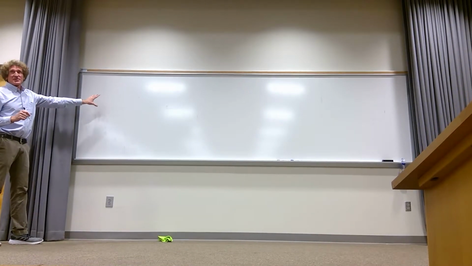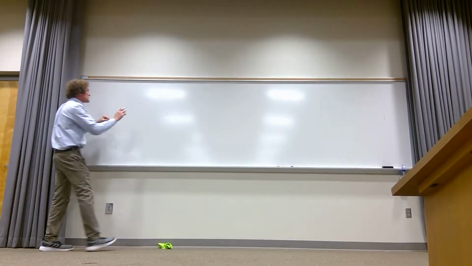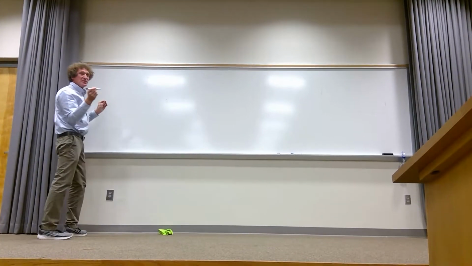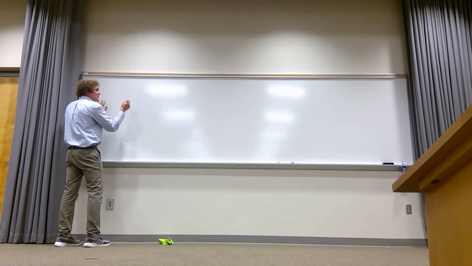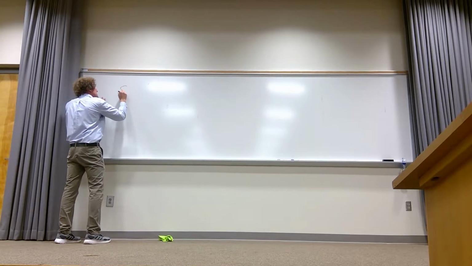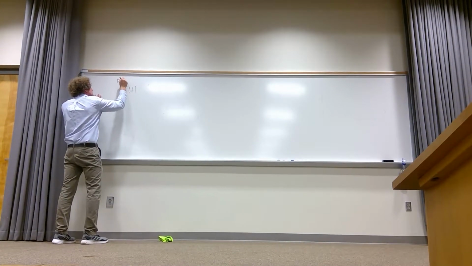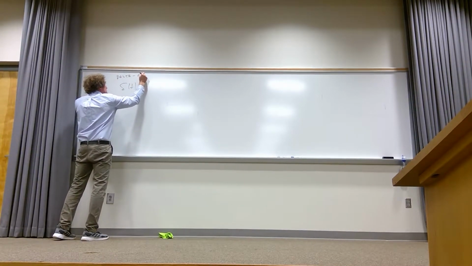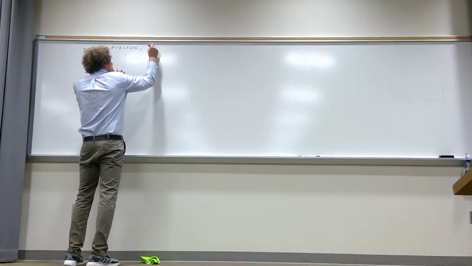But the next thing I want to talk about is some of the functions that we're dealing with. Here's the first function that you've never seen before. It's called a delta function, or a Dirac delta function, or an impulse function. The symbol is delta t.